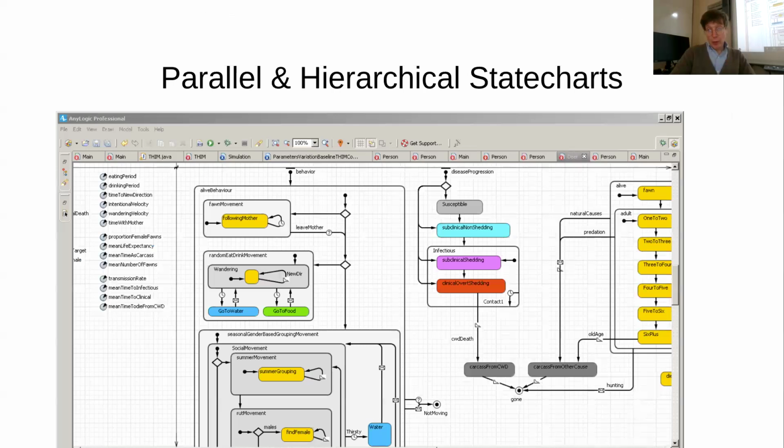Here, for example, we might have a characterization of the life cycle associated with white-tailed deer. I think that's white-tailed deer. Their age group, whether they're a fawn or an older deer.